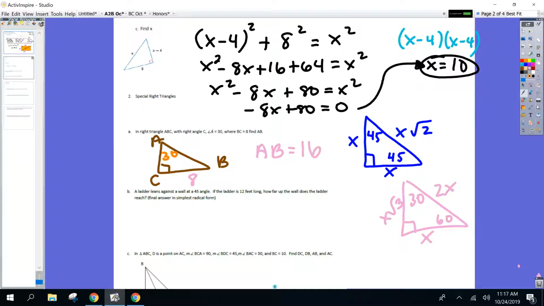Yep. Quick. Whoa, whoa. I always want to pressure you. What would the other side be then? AC. Multiply it by, not 2 anymore, but radical 3. So AC would be 8 radical 3. Okay, if we need to find it.